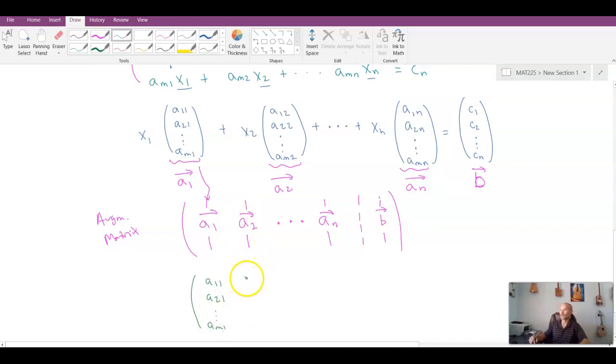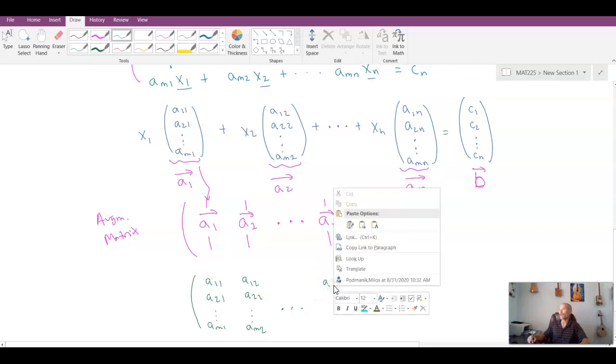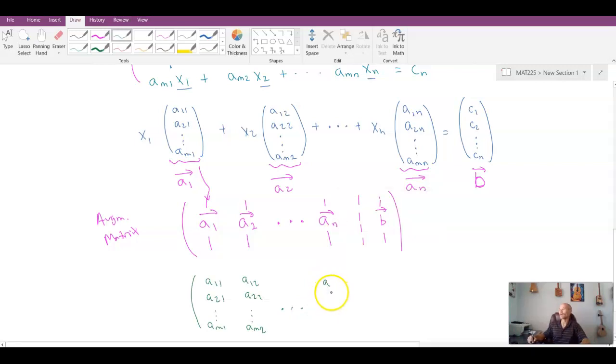The second column is A12, A22, all the way down to Am2, and so on, until the last column, a1n, a2n, all the way down to Amn. And then our constants here would be C1, C2, all the way up to Cn. So these are equivalent. These are the same thing.